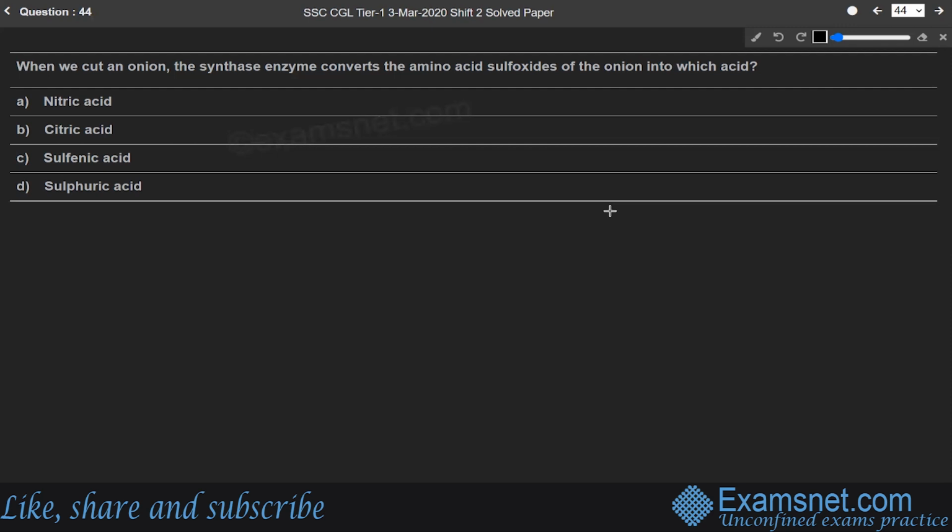What is nitric acid? It is a highly corrosive mineral acid. It is also known as spirit of nitre or aqua fortis. Next is citric acid.